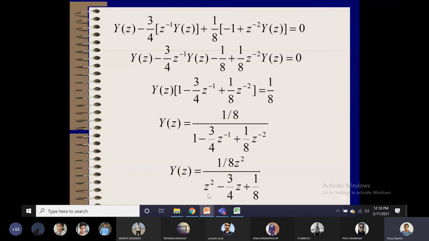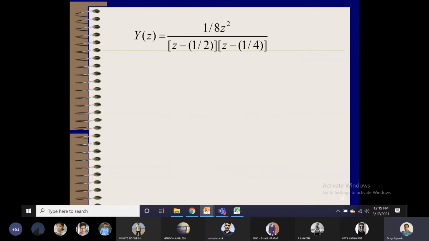Then the denominator will change to z square minus 3 by 4 z plus 1 by 8. Now from the numerator, out of z square, one z can be taken to the left hand side, so that it will be of the form Y of z by z. So the right hand side will be 1 upon 8z divided by, factorizing the denominator, z minus half into z minus 1 by 4.